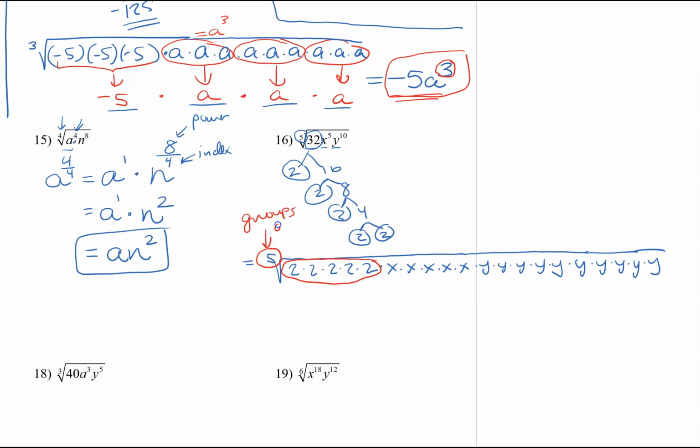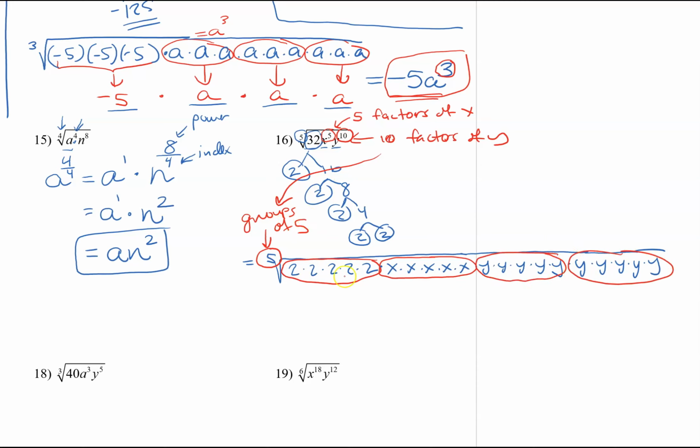Perfect powers of 5, which would be 5 identical factors multiplied to each other. So x, it told us here there were 5 factors of x, right? That's what the power means. That's 5 factors of x. There are 10 factors of y. And I want to split that into groups of 5. So I'm basically saying take 10 and divide it by 5. And when you do that, you get 2.